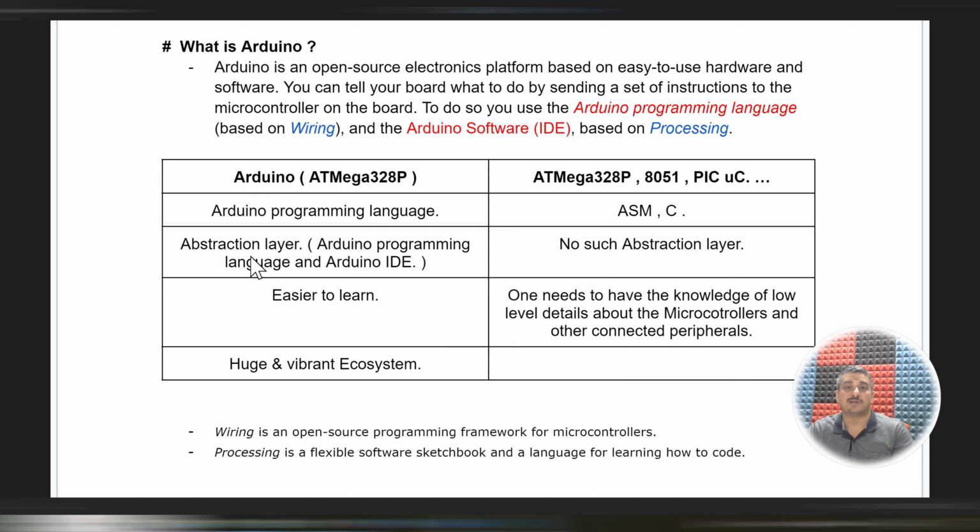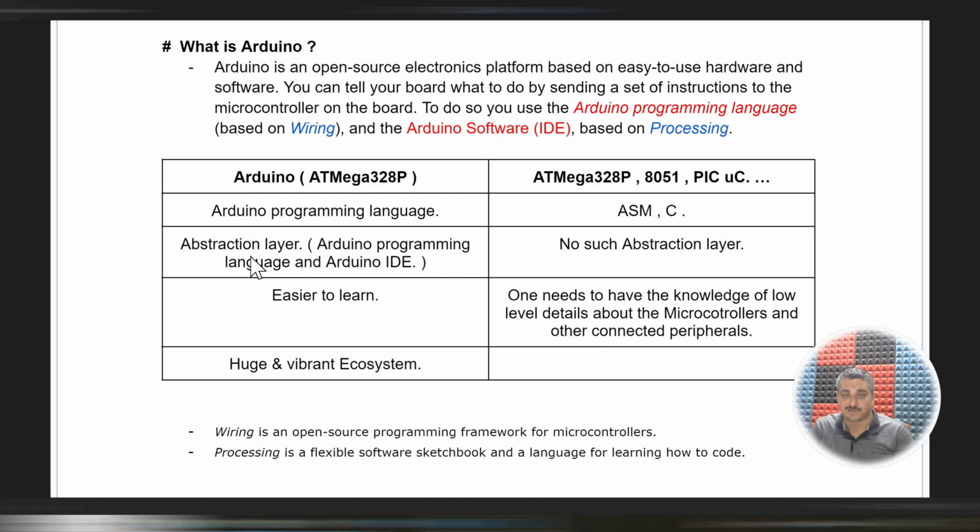That means they have taken care of all these complicated issues like memory layout, registers, timers, interrupts, and they have packed it inside a box, and they have given you some functions or APIs. With the help of APIs only, you can write programs and develop your own projects.